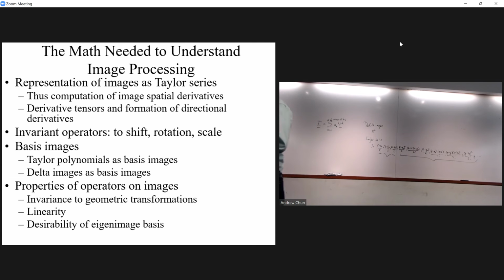And then we understood that derivatives of images at any given point can be understood as appropriate partial derivatives in x, y, and z, which are directly associated with the basis terms here. So you have the pure x polynomial. The coefficient in question is dI by dx.